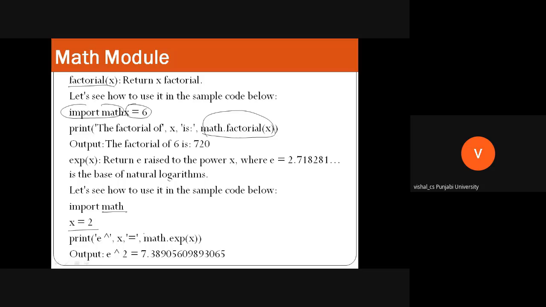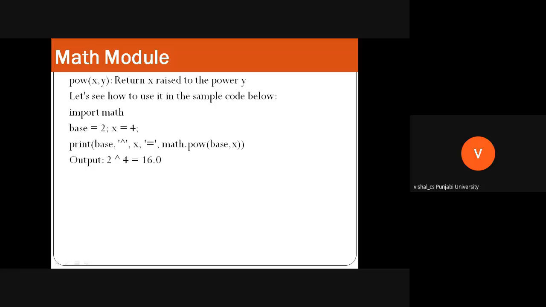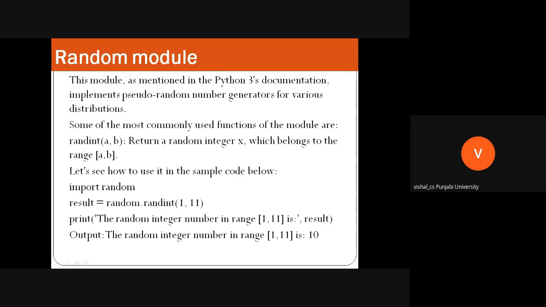So import math, define a variable, math.exp of x. This is how you are calling the exponential function. If you want to calculate power, you import the module math, define the variables, and here you use math.pow, passing two arguments to it, and it is giving you the results.